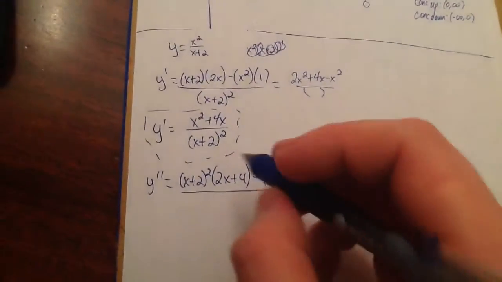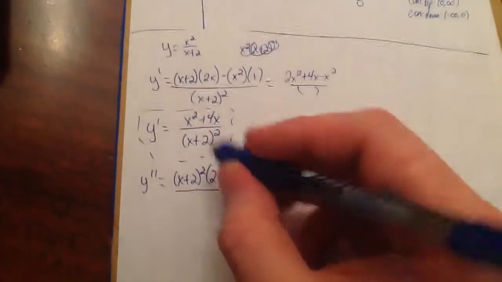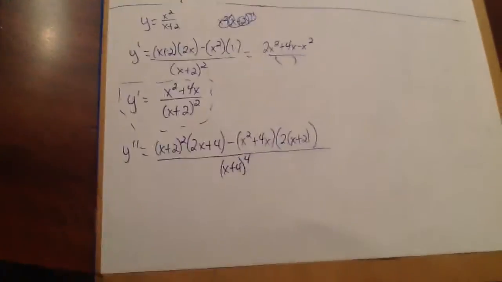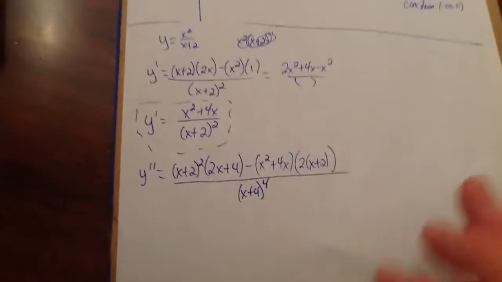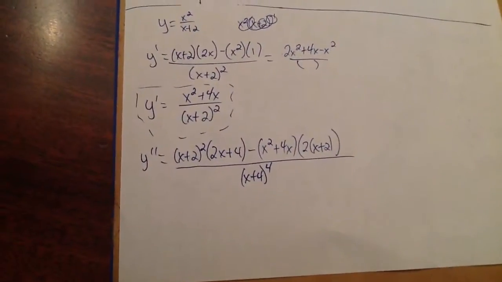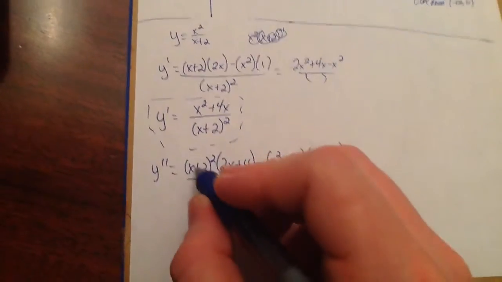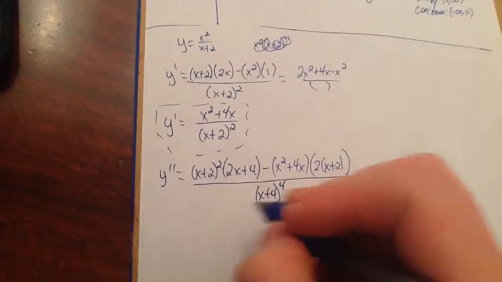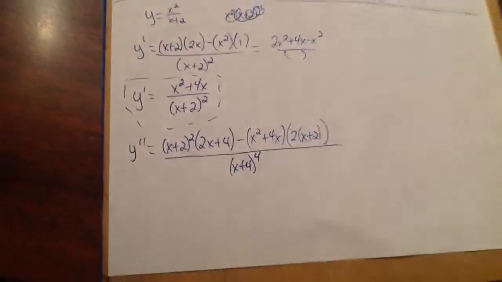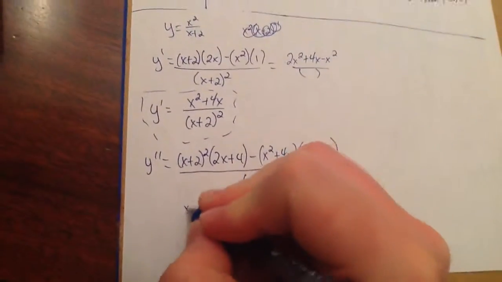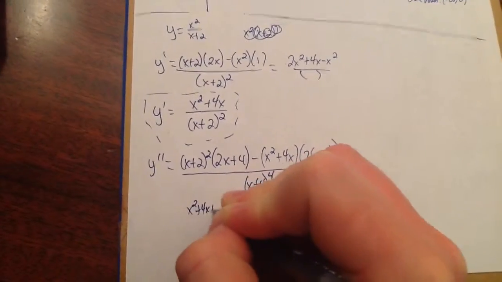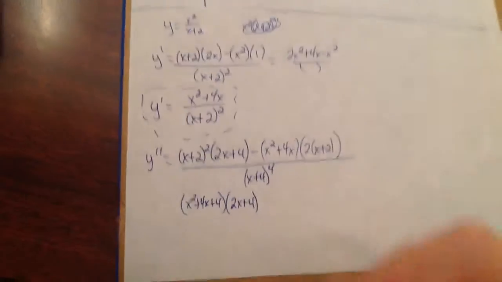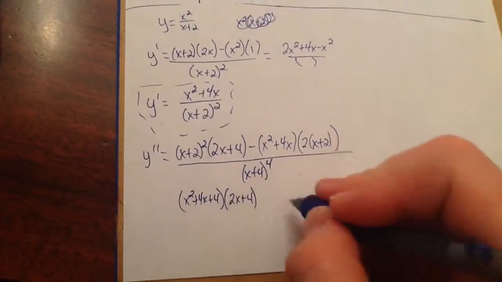All over low squared. Ew, that one got kind of ugly. So that would be x squared plus 4x plus 4 times 2x plus 4. Well, oh joy, x squared plus 4. This isn't nearly as bad as the number 2 one I originally gave you.